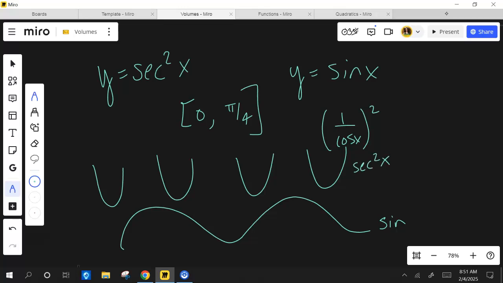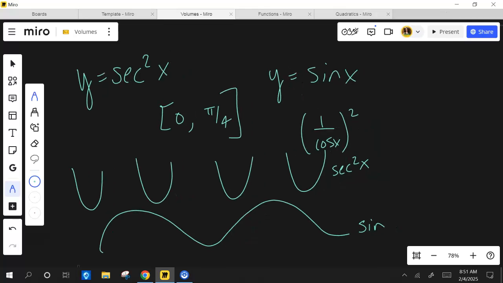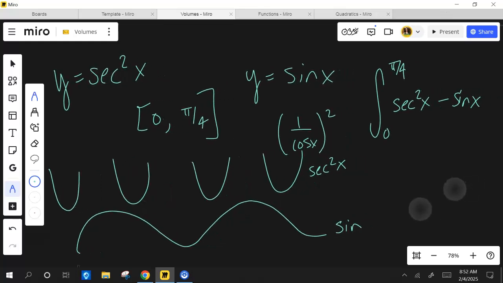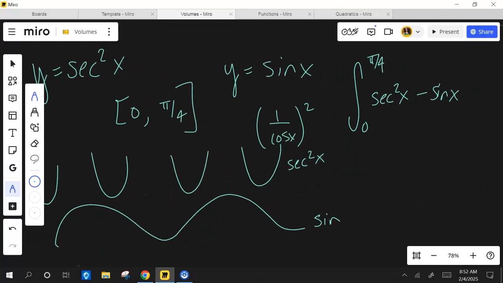If you're doing top minus bottom, secant squared, which is 1 over cosine squared, is always on top. So I'm going to do the integral from 0 to pi over 4 of secant squared x minus sine x. We're going to do this one by hand, though. I'm going to show you how to do it by hand.